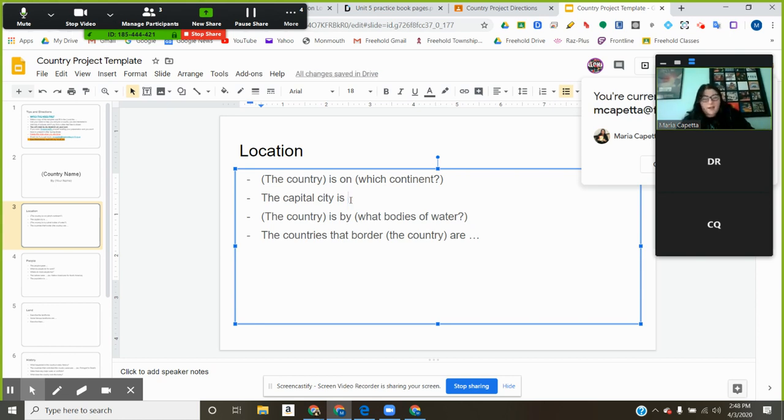So let's say I picked, I don't know, let me just pick the US and I'll explain it that way. Is that okay? So like the capital city of the United States is Washington, D.C., right? So you just fill in these blanks, okay? Got that?